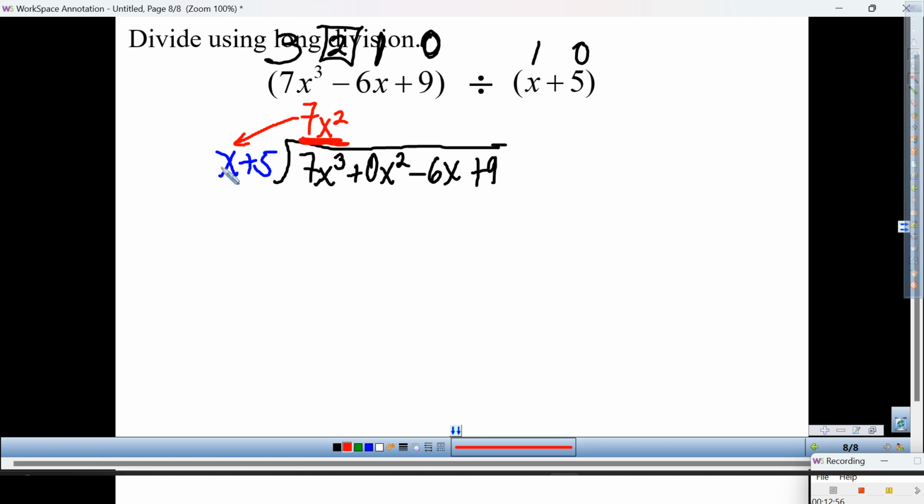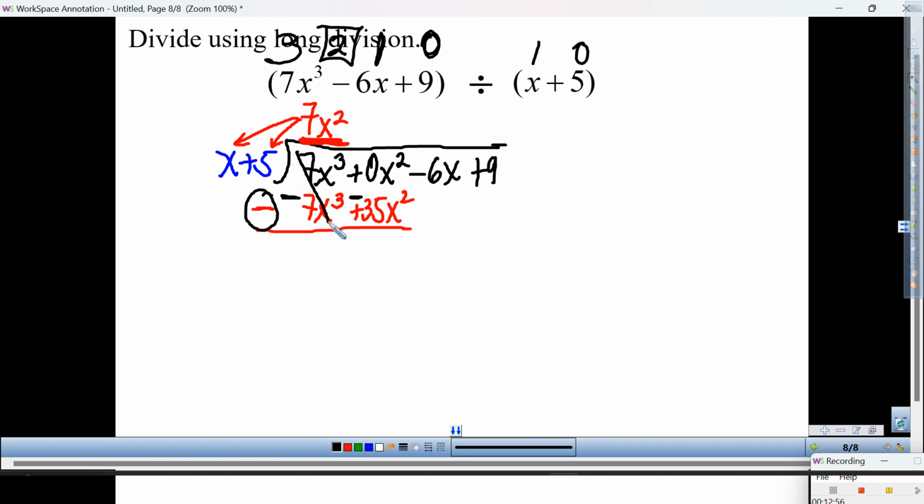So 7x squared times x, that's 7x cubed. But then times this one. 7x squared times 5, that's positive 35x squared. And now we're going to subtract. So, circle it, distribute here, and distribute there.